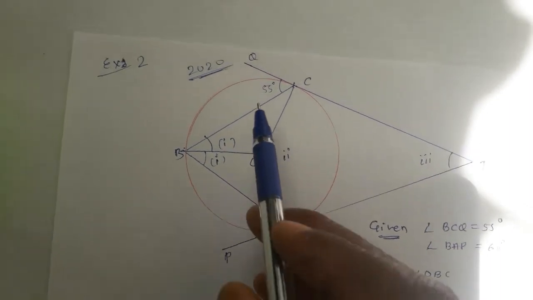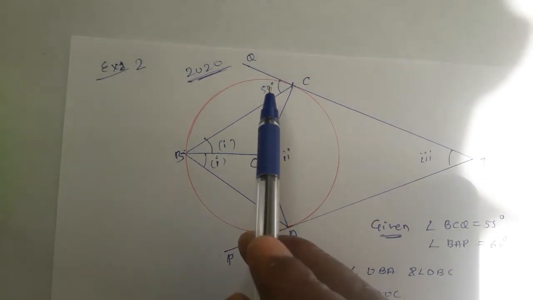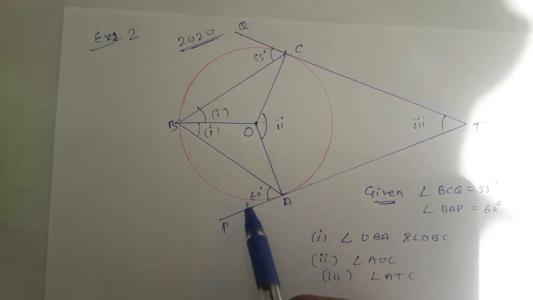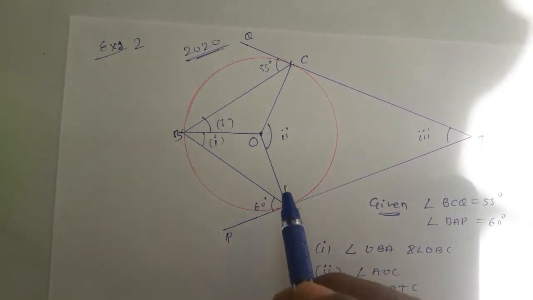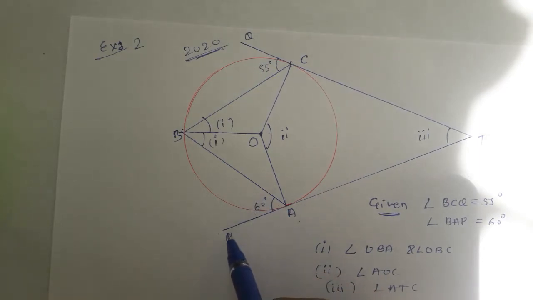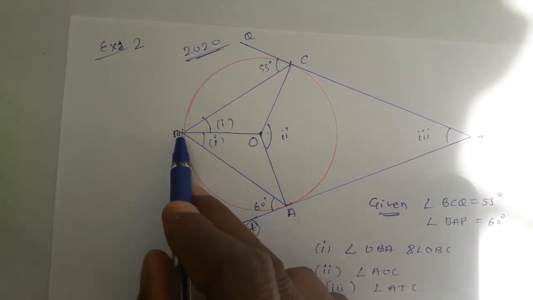We'll start now. We have to start from the given angle, because that angle gives the link to the unknown angle. This 55 degree, this is 60 degree. We have to start from either 55 or 60. So I start from 60 now. First check where 60 is given. PA is a tangent, AB is a chord.